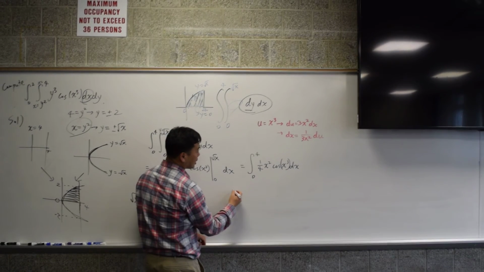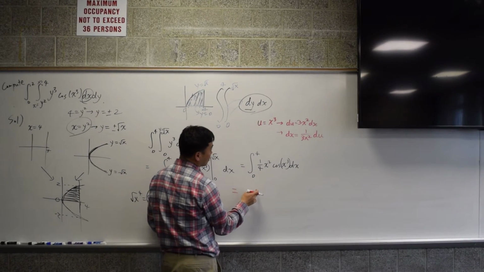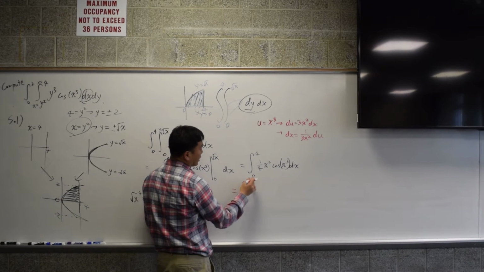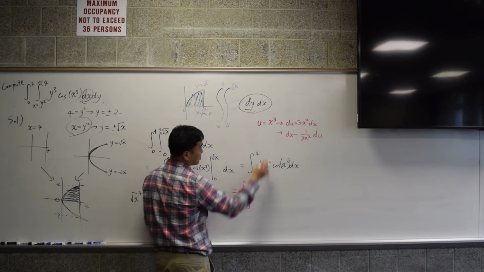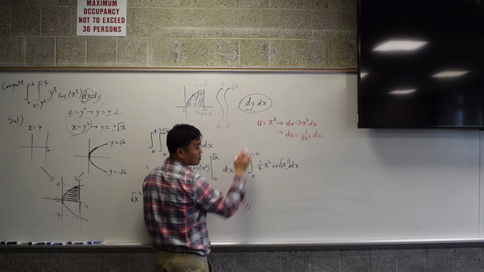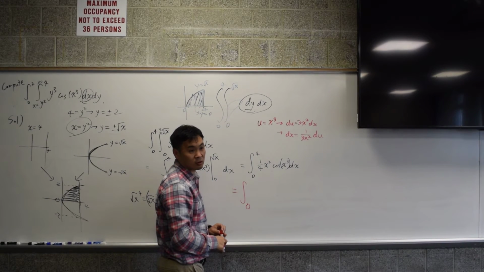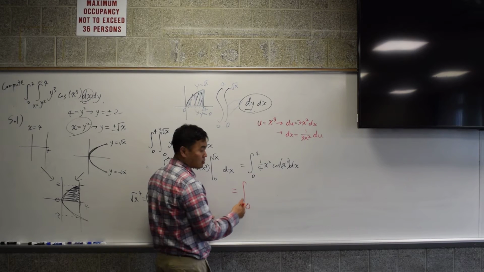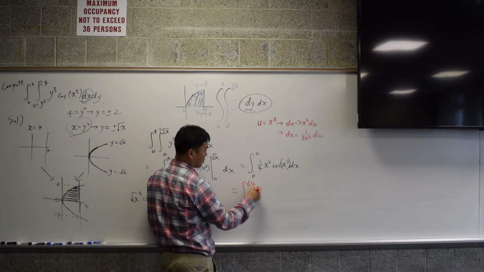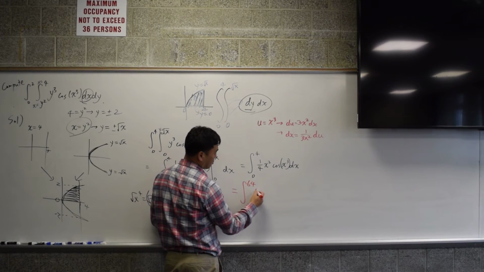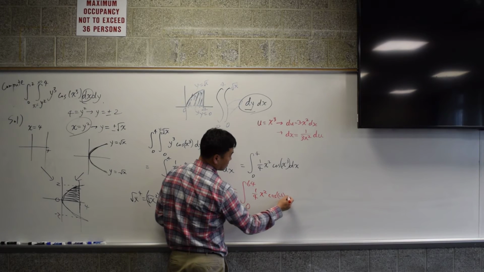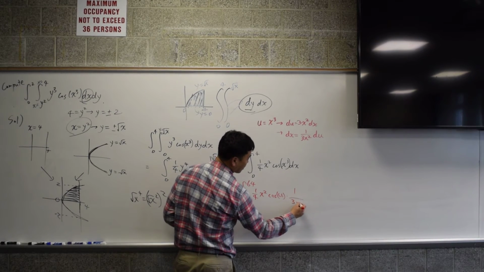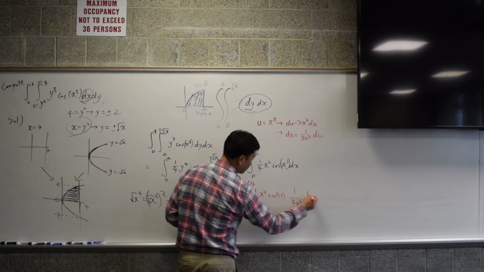Also, when x is 0, u is 0. When x is 4, u is 4 cubed, 4 times 4 times 4 is 64. And you have 1/4 x squared cosine u, then 1/(3x squared) du.